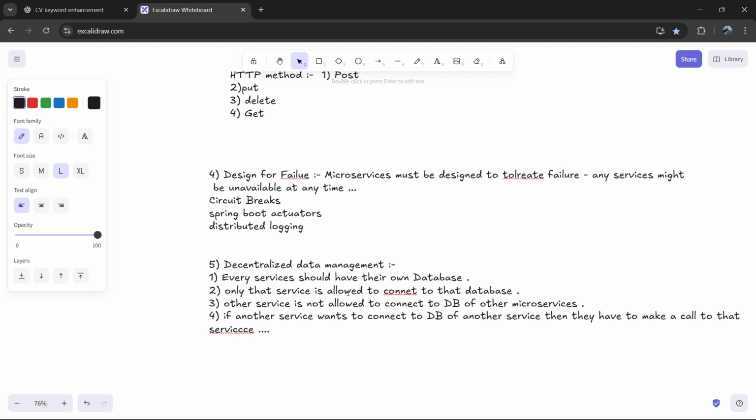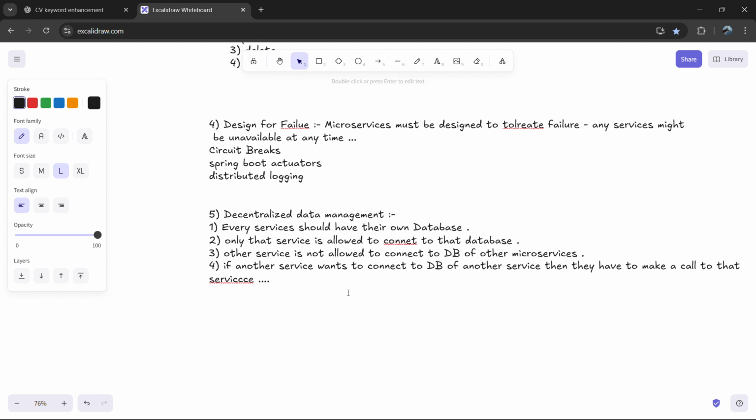Okay, so this is the basic concept of decentralized data management, that every service should have their own database.